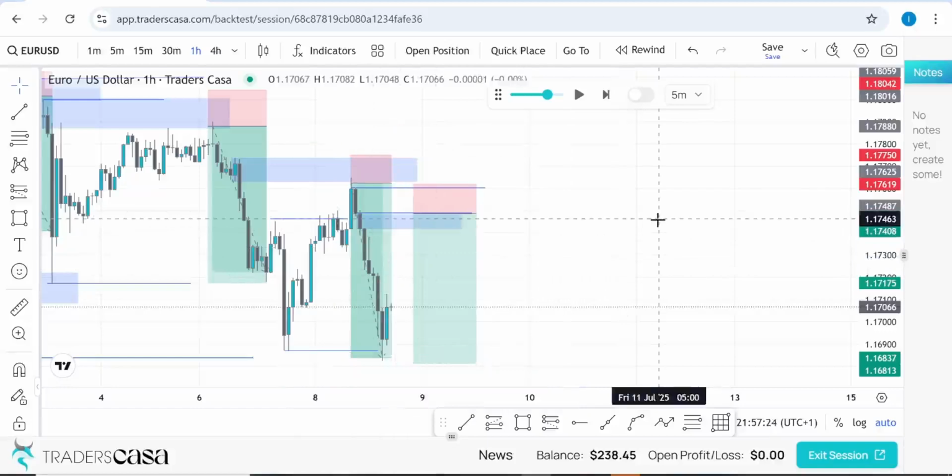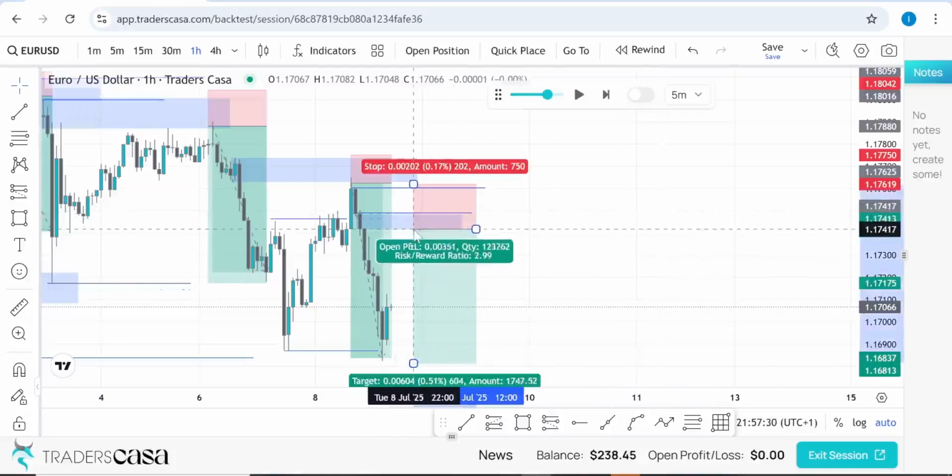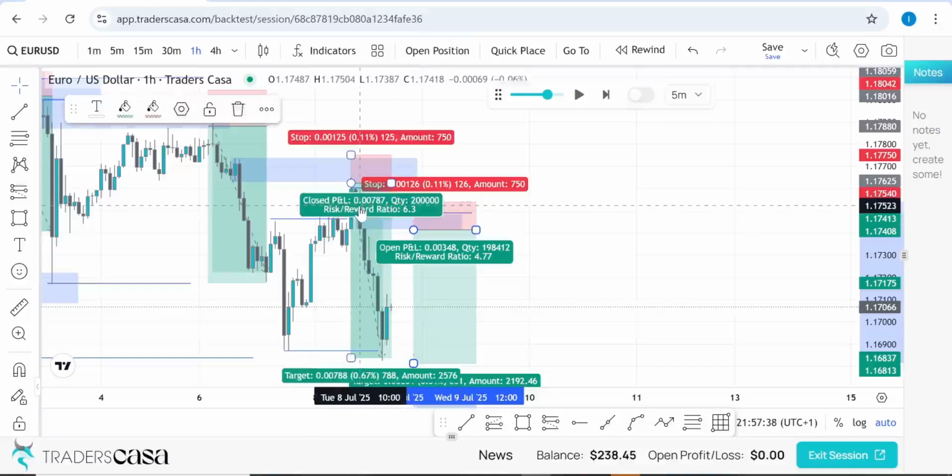This is an entry of fair value gap. I'm supposed to enter here and take my SL somewhere here, maybe at the 50% middle of this place.